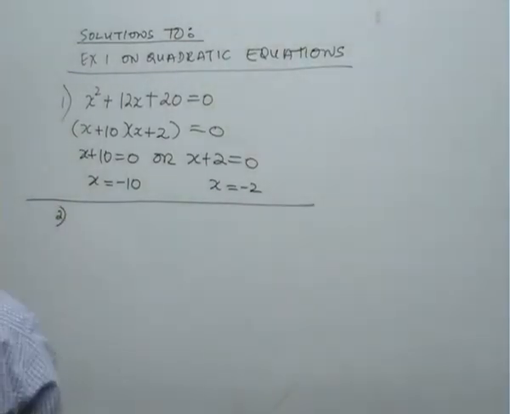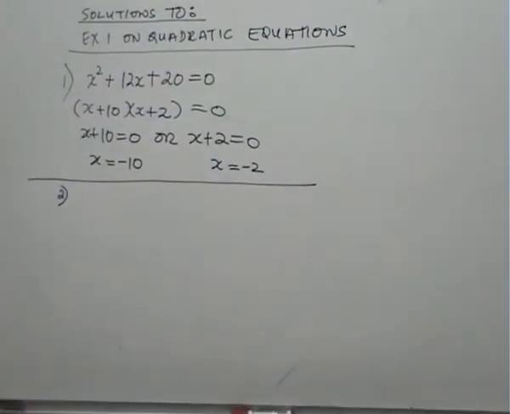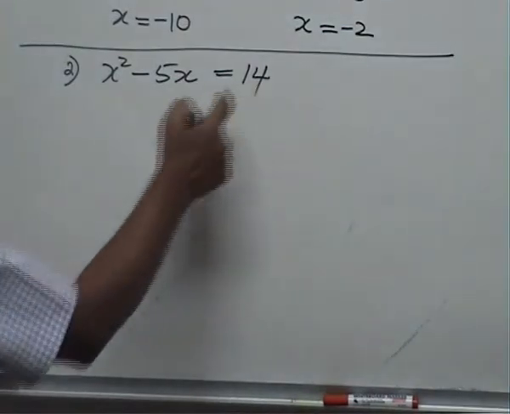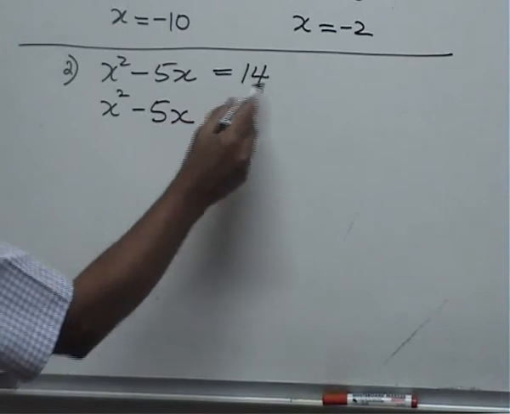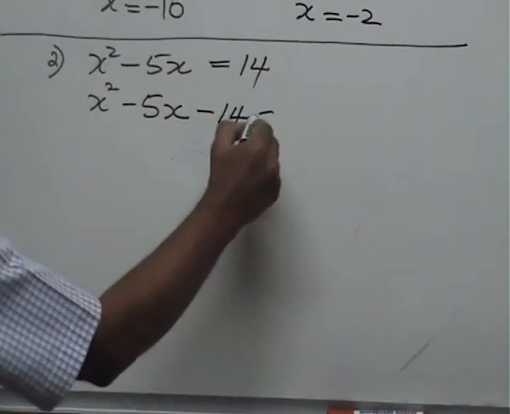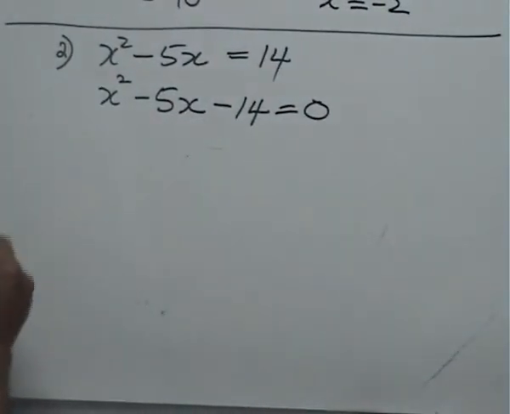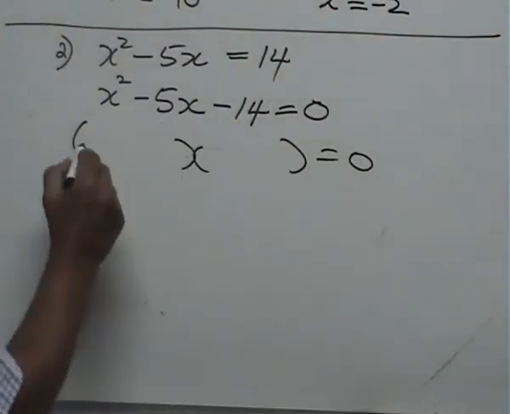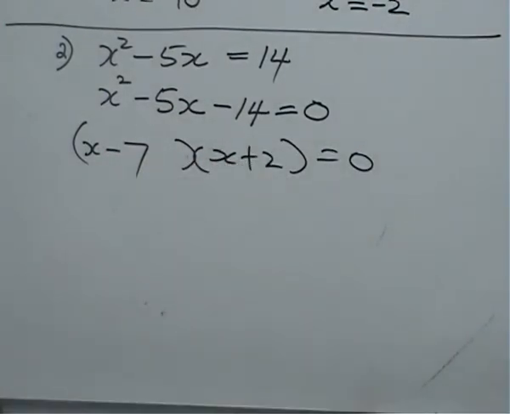Now let's have a look at number 2. Alright, so there's number 2, and it's not in standard form, so I have to bring it to standard form first. x squared minus 5x plus 14, when it comes across, will become minus 14 is equal to 0. Now it is in standard form, and now I can factorize it. And if I factorize this, I will get x minus 7 into x plus 2.